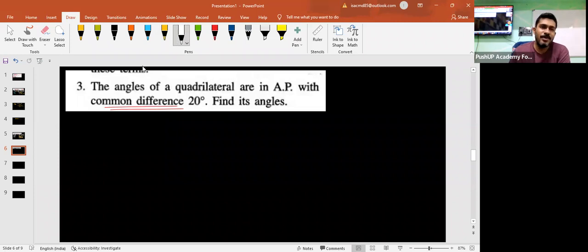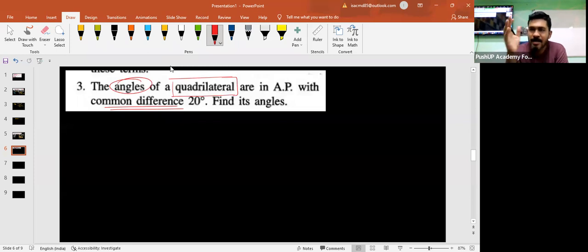So if the common difference is given and they are talking about the angles of a quadrilateral, in a quadrilateral, how many angles are there? 4 angles are there. So when they talk about the angles of a quadrilateral in arithmetic progression, they are indirectly pointing towards 4 values.